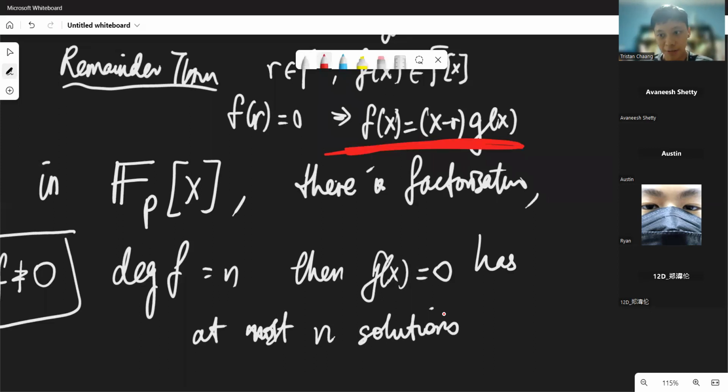If there's a second root that is different from the first root, that means it must be a root of g. Why? Because f has no zero factors. If the x minus r term is non-zero, but the whole thing is 0, g(r2) must be 0, if that makes sense.